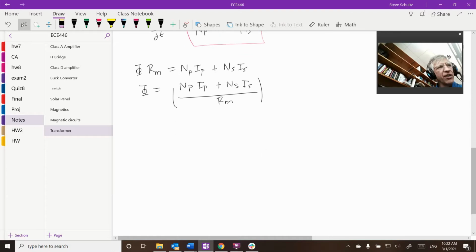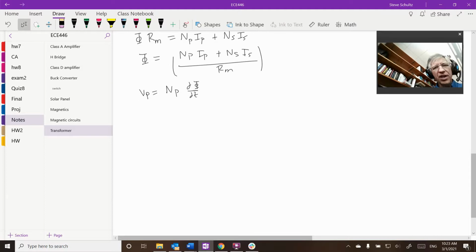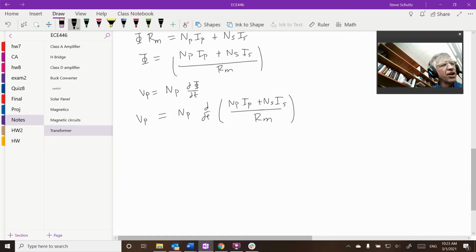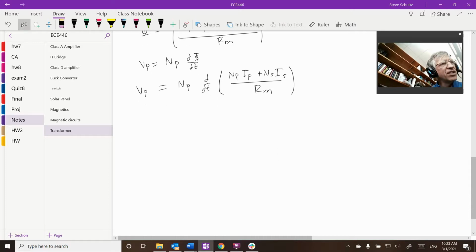Then we're going to Faraday's law. With Faraday's law, we have Vp is equal to N primary dΦ/dt. So then we can plug that into our equation. Our primary voltage is going to be equal to N primary times d/dt of all of these terms up here. That is the voltage on our primary. And what we're trying to do is convert this into a circuit, into an inductance.